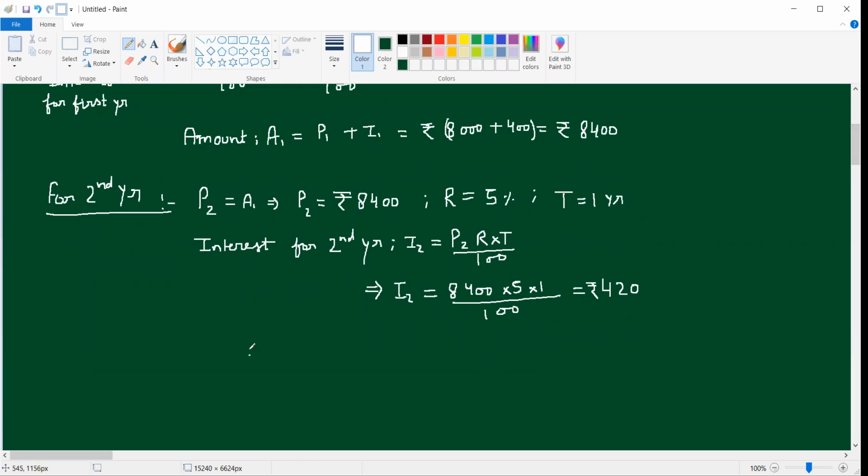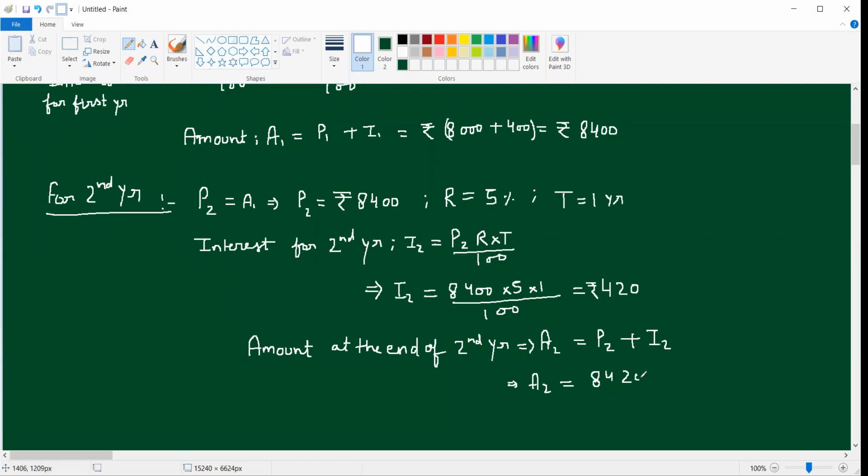So the amount at the end of the second year, A2, is equal to P2 plus I2, which implies that A2 is equal to, what is P2? 8,420. 420 is I2.